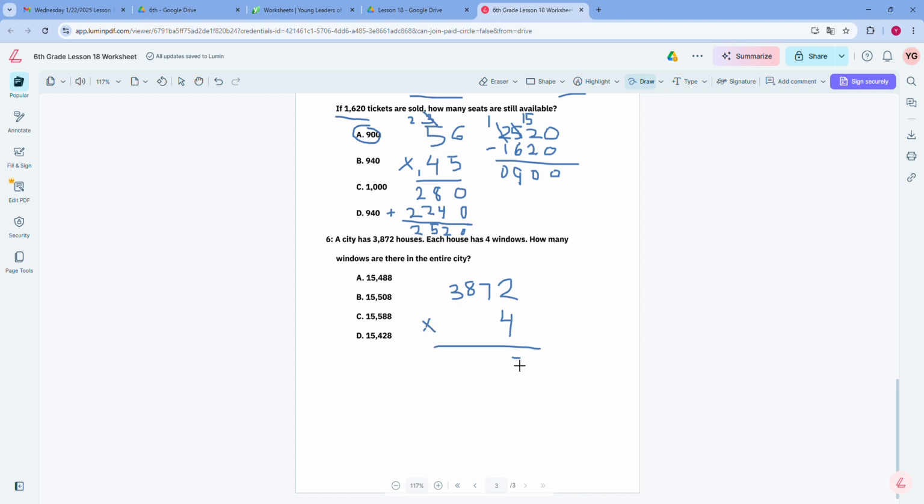So 2 times 4 is 8. 4 times 7 is 28. 8 times 4 is 32. 32 plus 2 is 34. And 4 times 3 is 12. And 12 plus 3 is 15. So 15,488 are the total number of windows in the city.